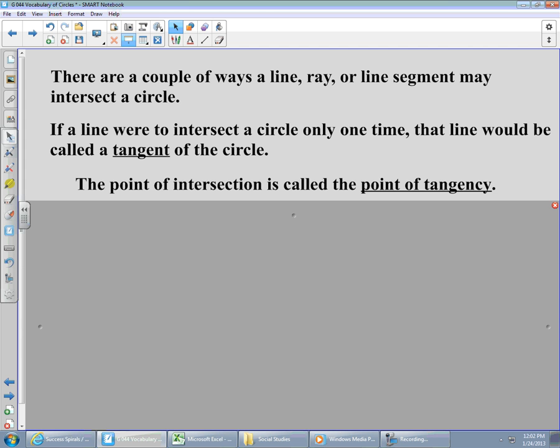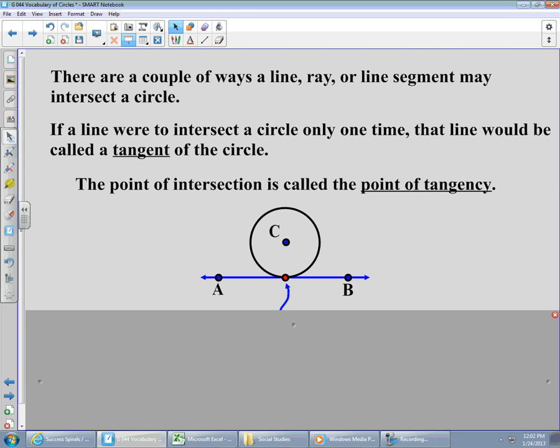But back to the definition, when it said that we're only going to intersect a circle one time, and that location is going to be called a point of tangency, please understand that we are saying there is a line, ray, or line segment that, when it intersects one time, is not like it enters the circle and then stops before it comes out the other side. We're simply saying that this line, ray, or line segment just kind of glances off of the circumference of the circle.